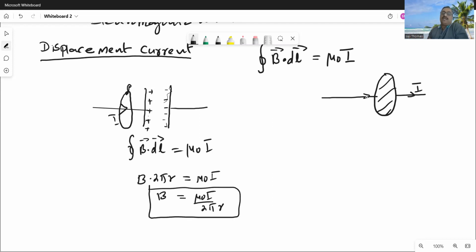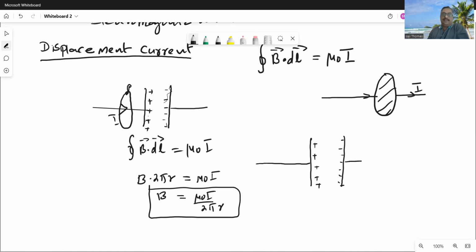Now, you consider a different loop or a different surface. That surface has the shape of a pot. I'm drawing again like this. This is a parallel plate capacitor, with positive charges here and negative charges on the other plate.